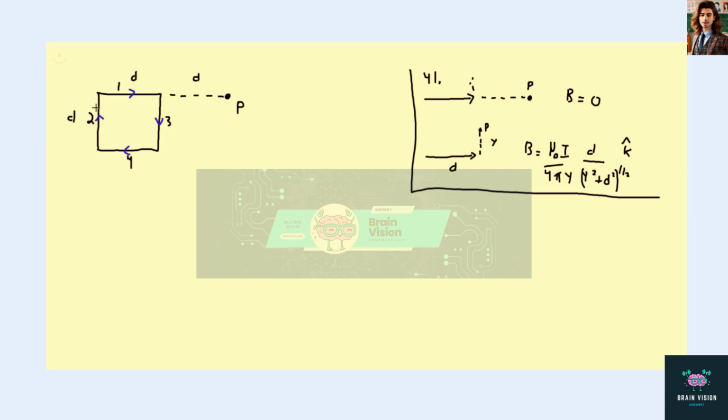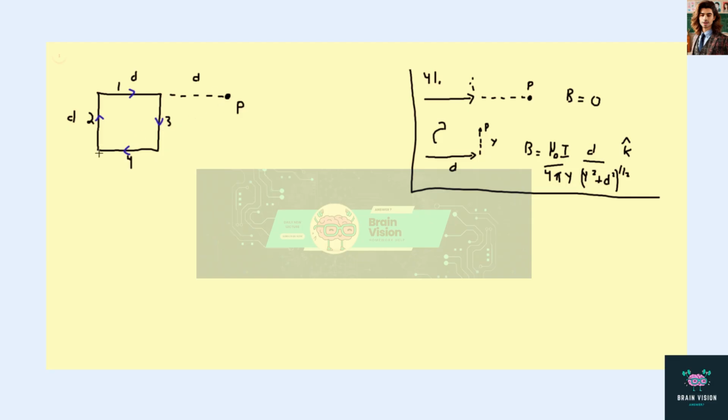Wire 2 and wire 3 are like the second case, just rotated 90 degrees. So rather than point P being a distance y away, it's a distance of 2d for wire 2, and a distance of d for wire 3.